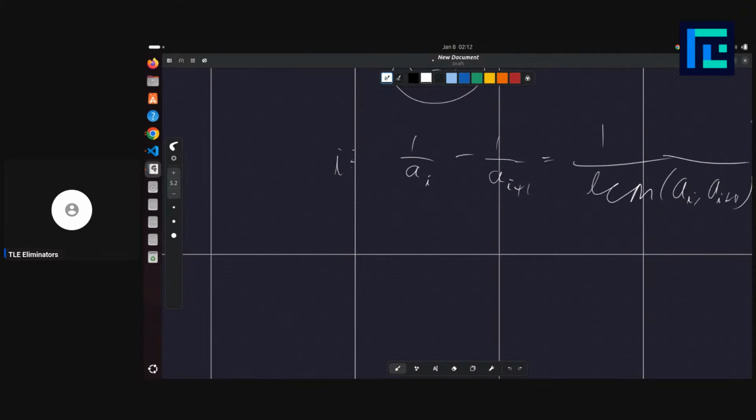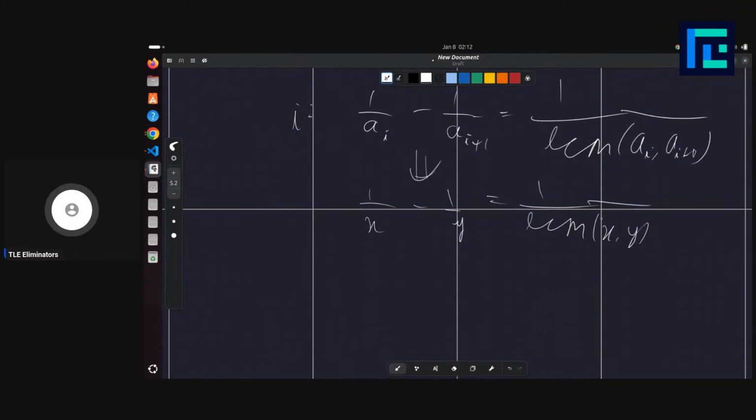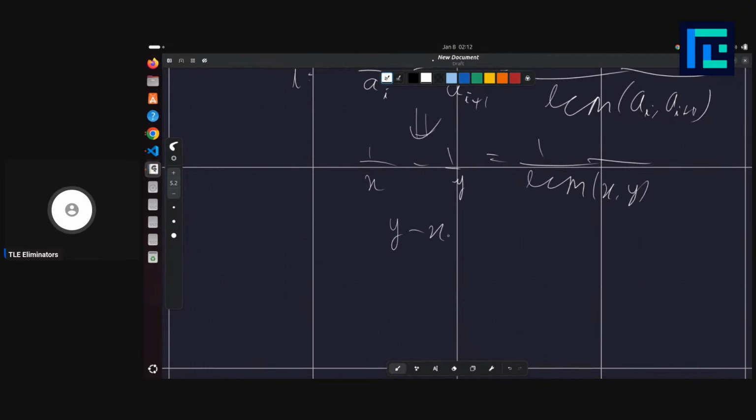So what is the condition for this? If I solve this, let's use x and y: 1 by x minus 1 by y should be equal to 1 upon LCM of x comma y. So I get (y minus x) upon xy should be equal to 1 by LCM, which is just GCD of x comma y upon xy, right?